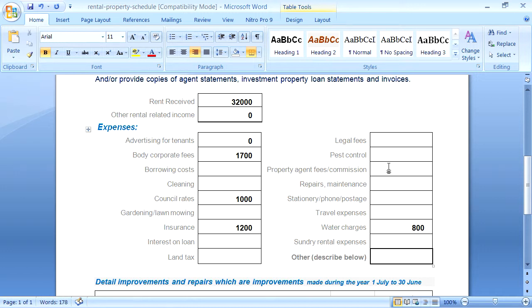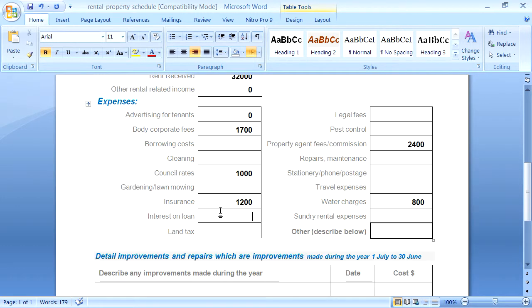Okay, property agents usually charge somewhere in the domain of 4 or 5%, so we've got a fee of 2,400 there. And most importantly for most people is the home loan interest. Now, the home loan interest is not the home loan repayment. It's only the interest on the repayment that's tax deductible. So there are a couple of ways to go about finding that out.